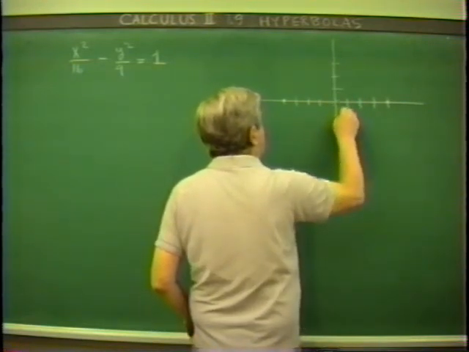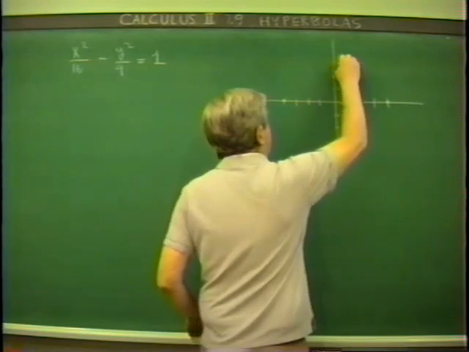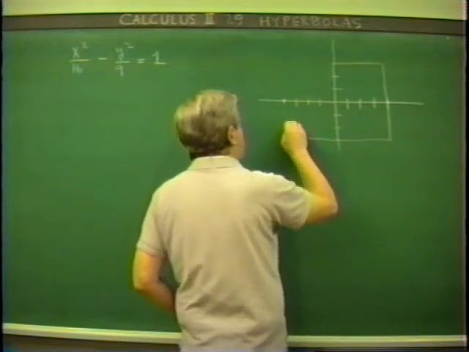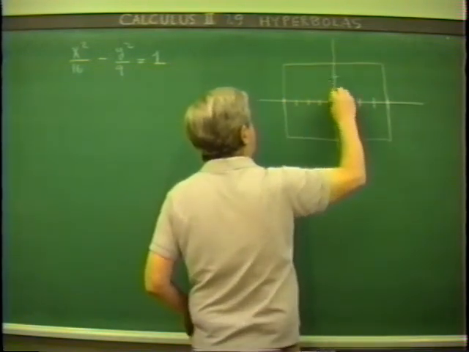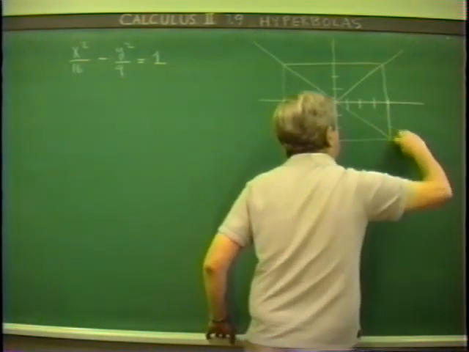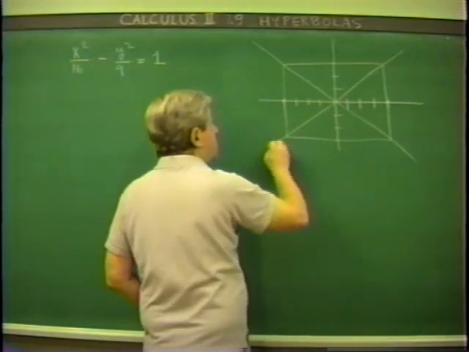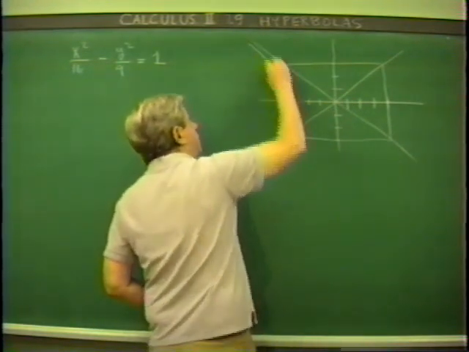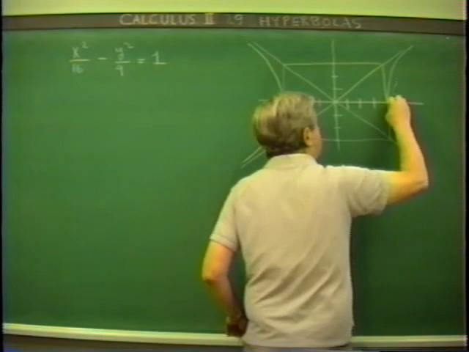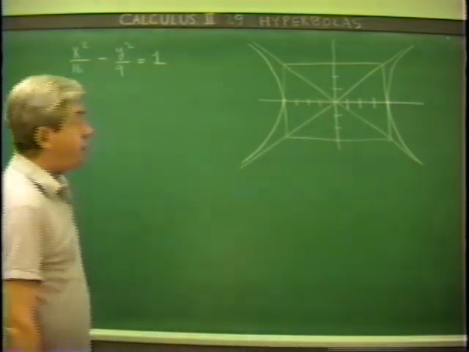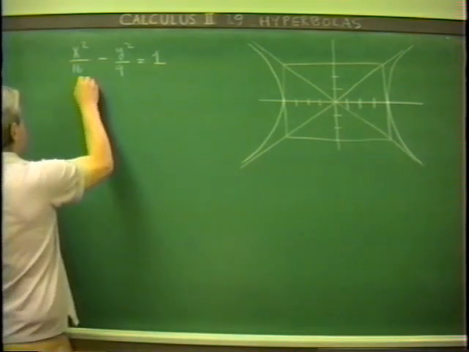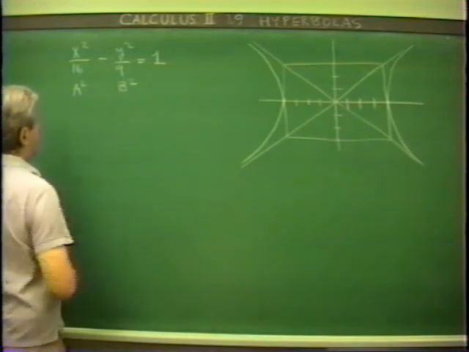But if we looked at y equals plus or minus 3, and draw this rectangle like so, this is going to be an aid in drawing the hyperbola, because if we draw these lines like this, the graph of the hyperbola is asymptotic to those lines, so the hyperbola should look something like this. Just by applying these 2 points and the asymptotes, it's possible to get a pretty good representation of what the graph of this hyperbola looks like.